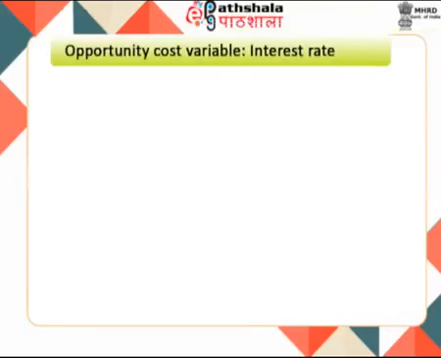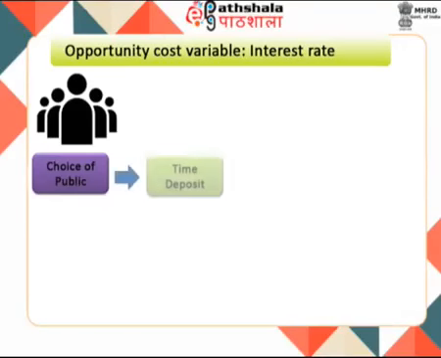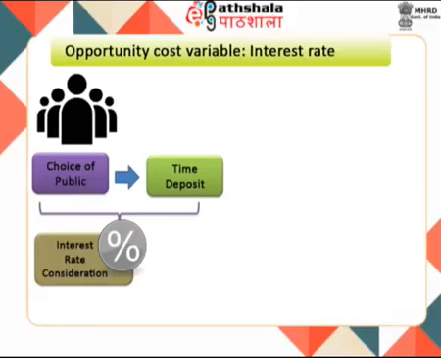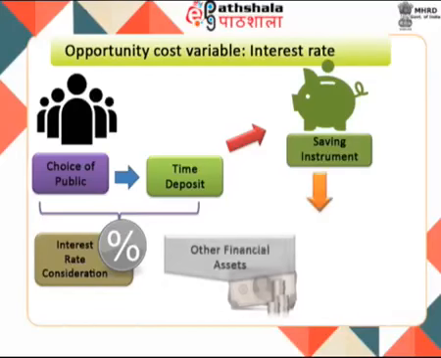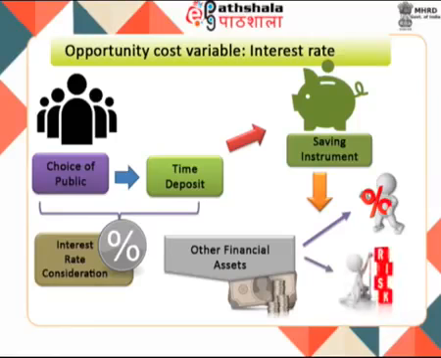Opportunity cost variable: interest rate. The choice of the public in favor of time deposits is bound to be governed, however, largely by interest rate considerations. This is so because time deposits as saving instruments have to compete with other financial assets whose rate of return and riskiness become important and are hence picked up by the rate of interest.